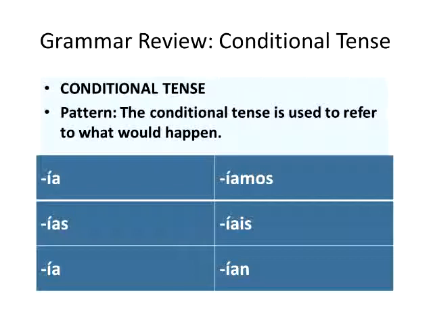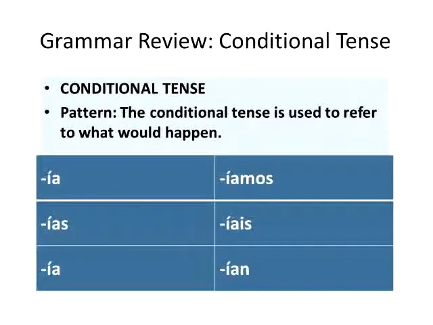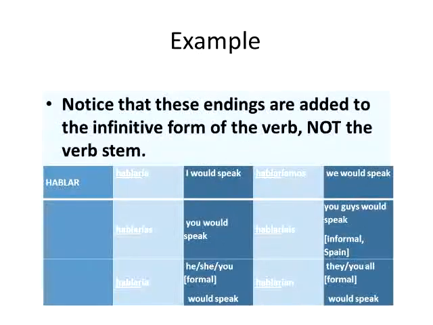Okay. So if we want to talk about something that would occur, we are going to use this tense. We're going to follow the pattern where we use the entire verb, the infinitive form, and then we're going to add the endings accordingly.